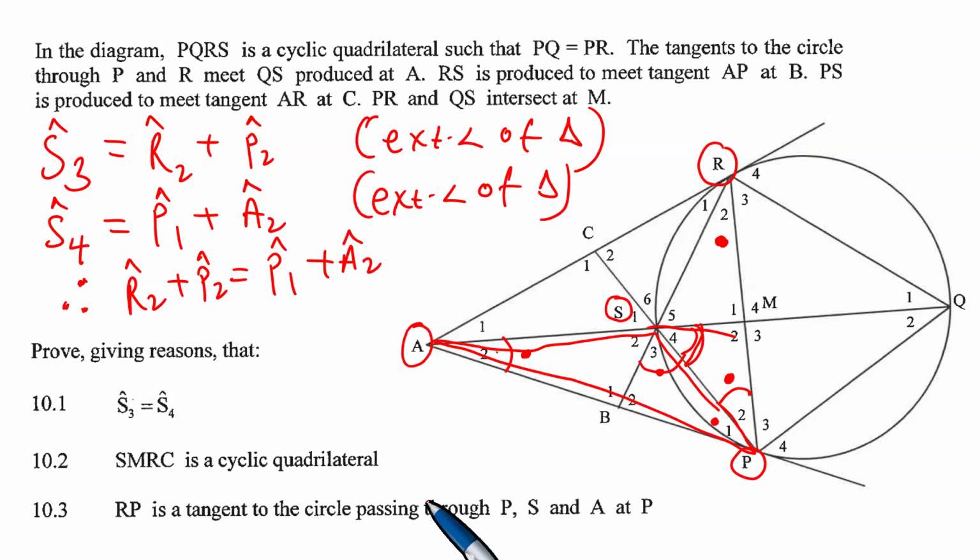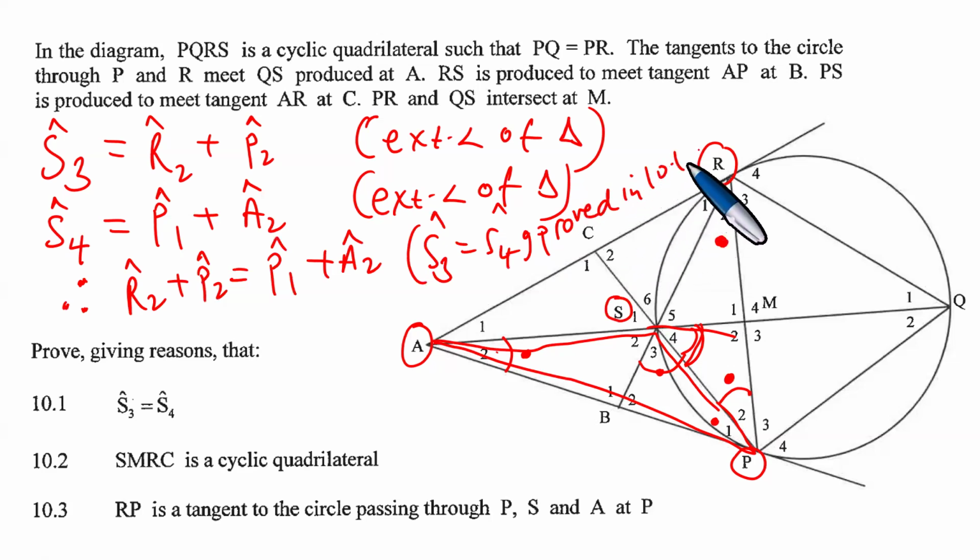Let's look at this. Because S3 equals S4, this is the conclusion that can be drawn. You can put that as a reason: angle S3 equals S4, and this has been proved in 10.1 above.